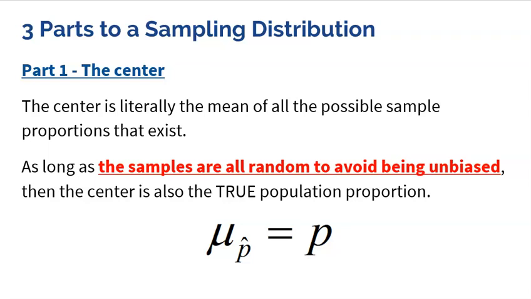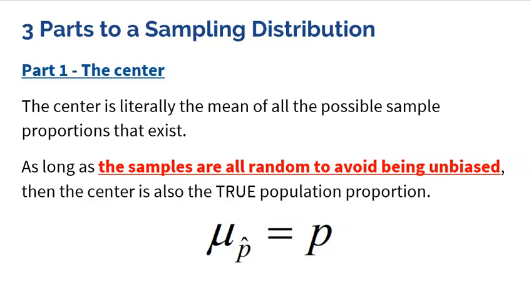Remember, a sampling distribution is filled with p-hats. Some are going to be higher, some are going to be lower. But you'll start to see a pattern. You'll start to see all those p-hats filling up, centering around one center hump. And that, my friends, is the true p.